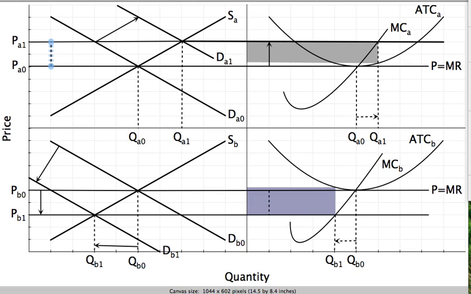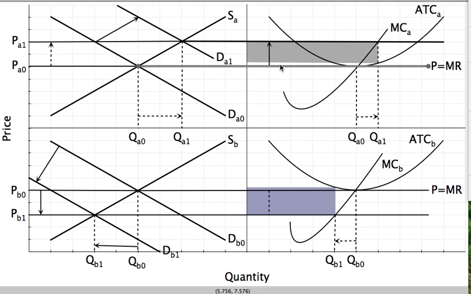So let me show that. So we see an increase in price, we see an increase in quantity. Let me draw in that increase in the quantity. So that's the impact on the marketplace. We see an increase in the price and an increase in the quantity.